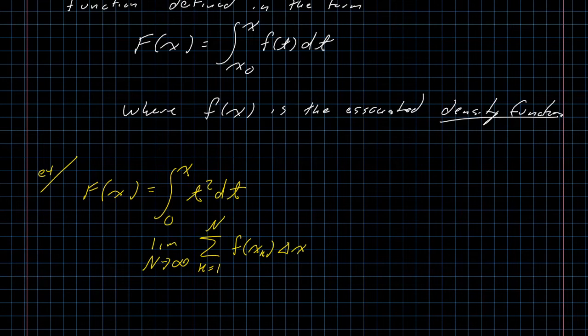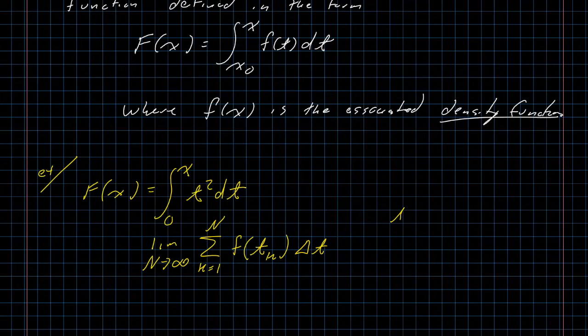Now remember here, again, because x is one of my limits, talking about x in this case doesn't quite make sense, and that's why we switched to that dummy variable. So instead of xk and delta x, it's going to be tk and delta t. Just a change of variables so we're not using x to mean too many things.